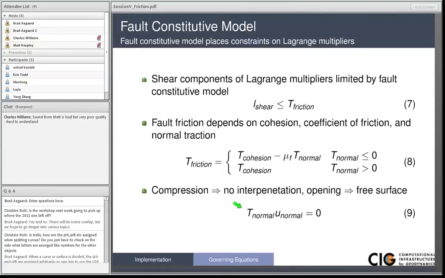So if T normal is less than 0, then U normal must be equal to 0. I'm sorry, if T normal is equal to 0, then U normal is greater than 0. So that allows us to handle the fault opening. So when the fault opens, the fault becomes a free surface.